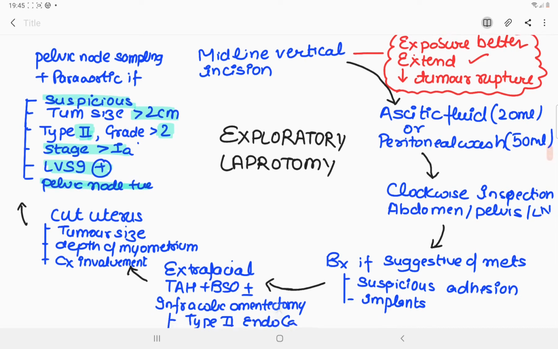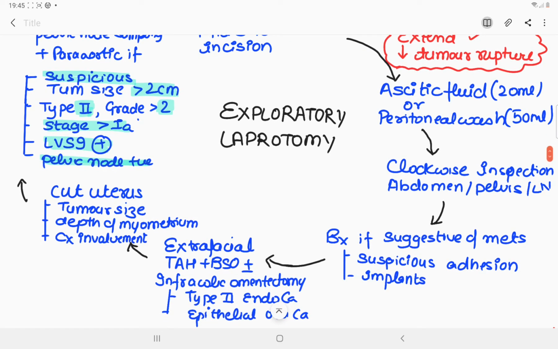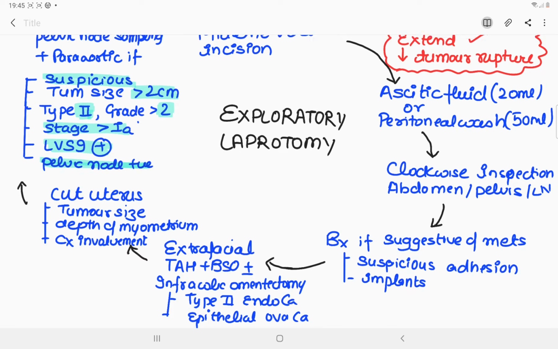Then extrafascial total abdominal hysterectomy along with bilateral salpingo-oophorectomy along with infracolic omentectomy is done in type 2 endometrial cancer or epithelial ovarian cancer. After doing TAH, we will cut open the uterus and note the size, depth of myometrium or cervical involvement.